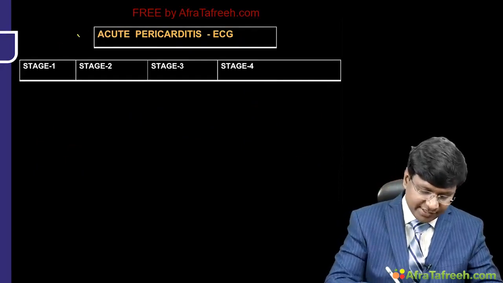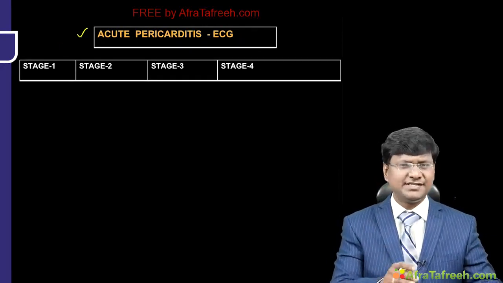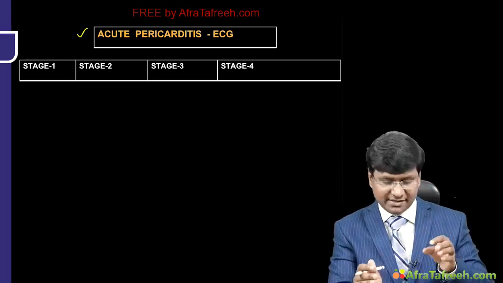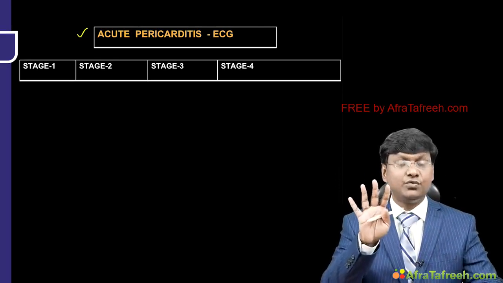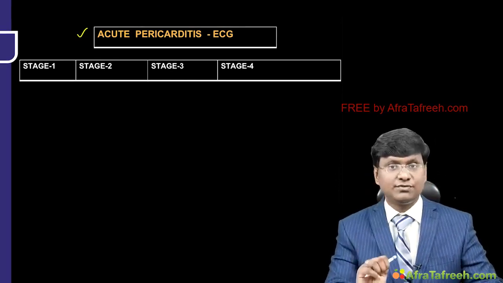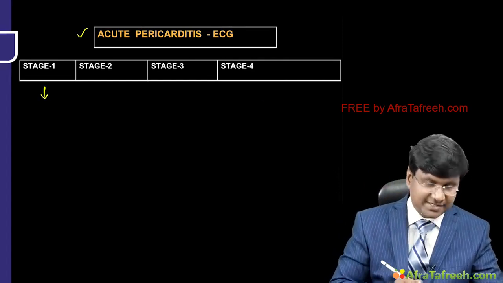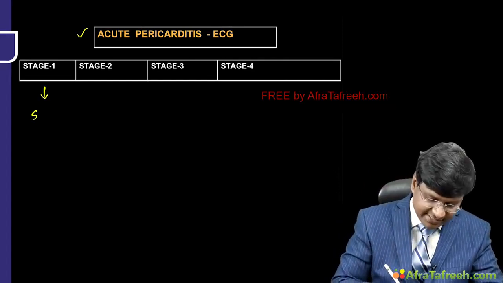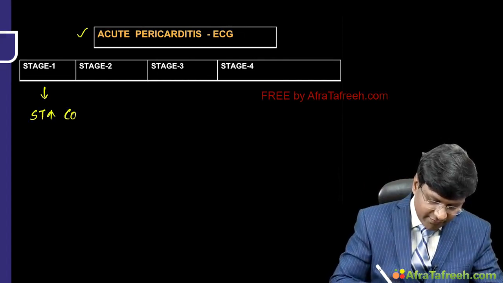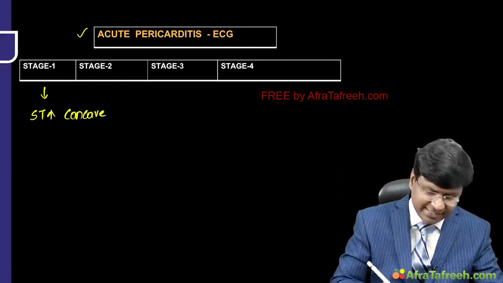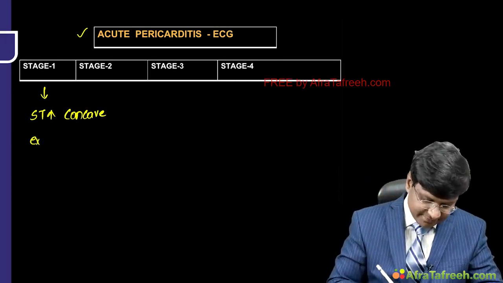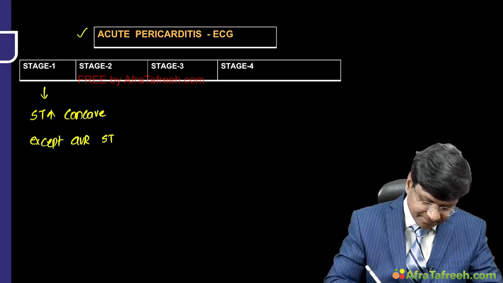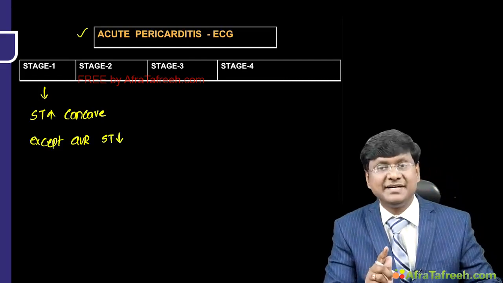Next, the ECG changes in acute pericarditis. They typically evolve through 4 stages. In stage 1, there is concave ST segment elevation in all the leads except AVR, where you have ST segment depression.